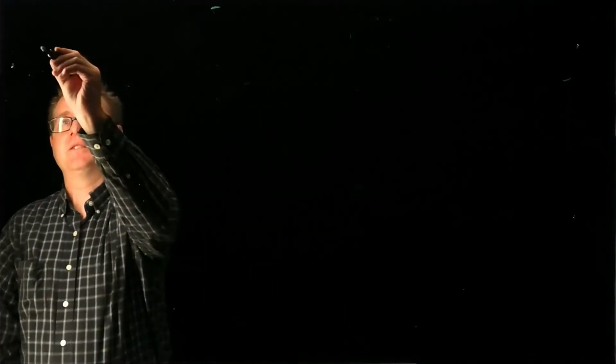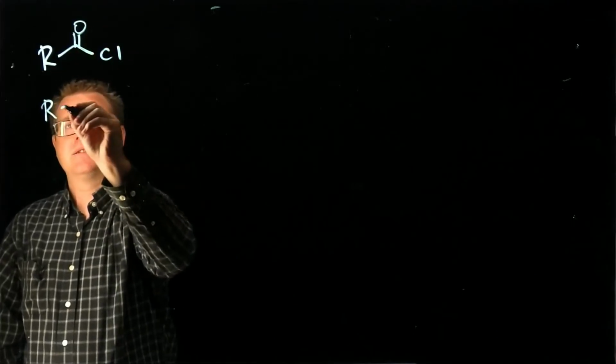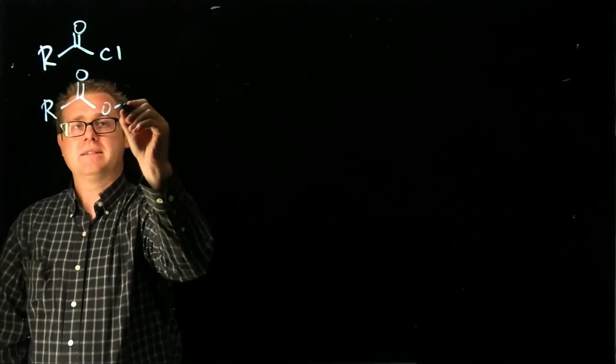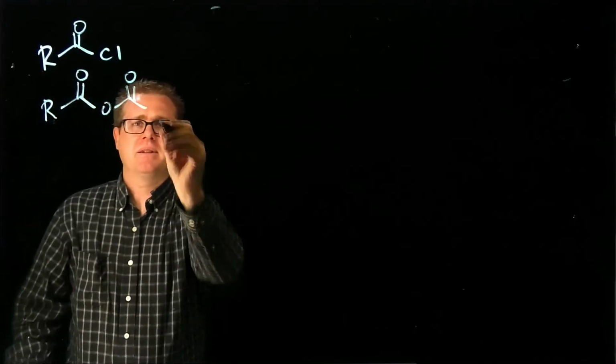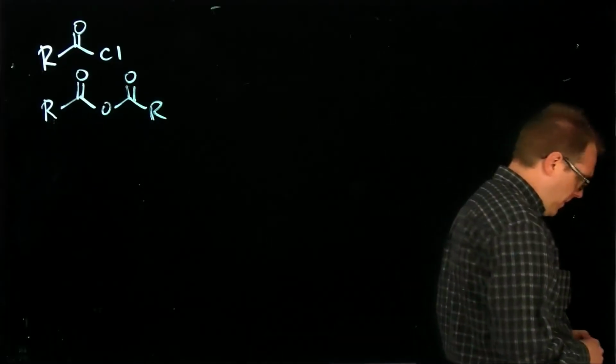But remember what I said about esters. Esters are just too slow. So what are the best ways to prepare amides? It would be to use acid chlorides or acid anhydrides, which are typically the best way to make amides.